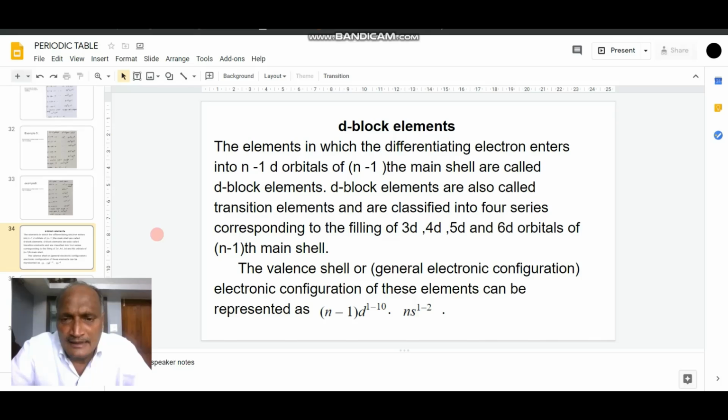The general electronic configuration of d block elements can be represented as (n-1)d1 to 10, ns1 to 2.